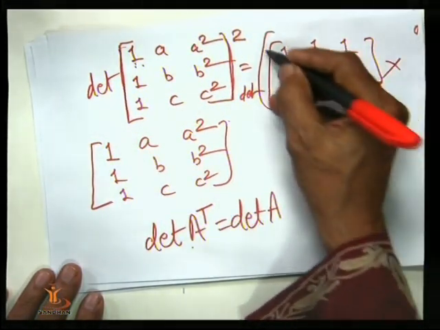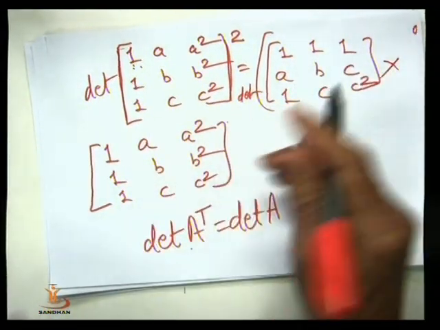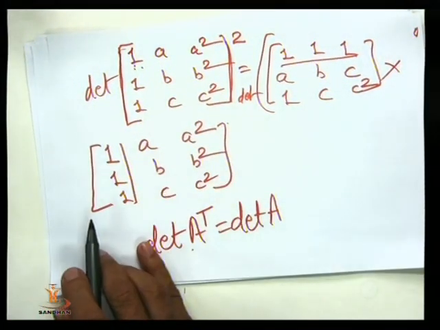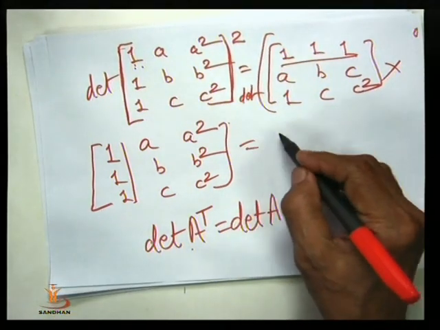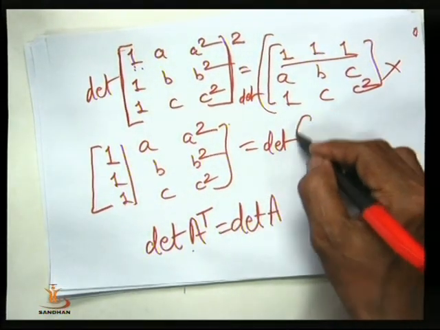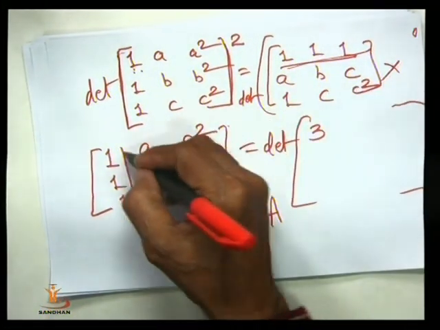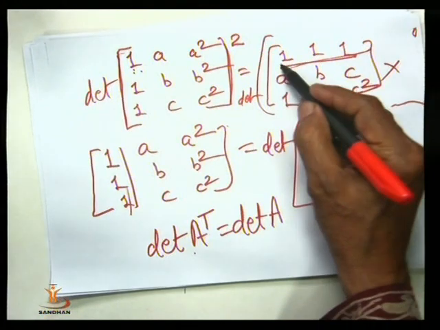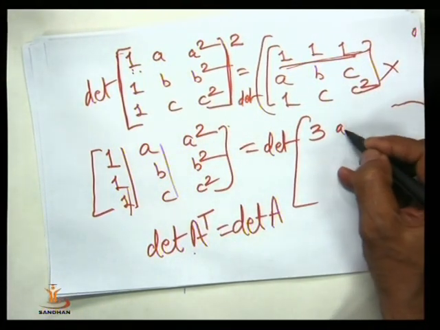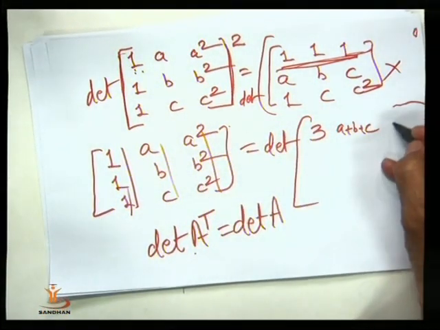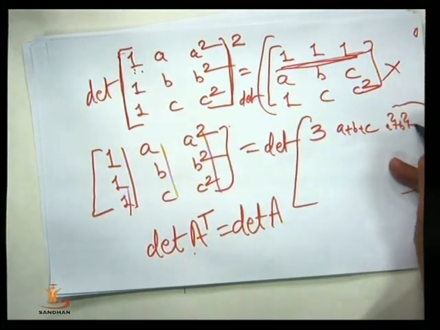Now we multiply this by the matrix, row into columns. First row and first column gives 3, then first row and this column gives a plus b plus c, then first row and second column gives a square plus b square plus c square.